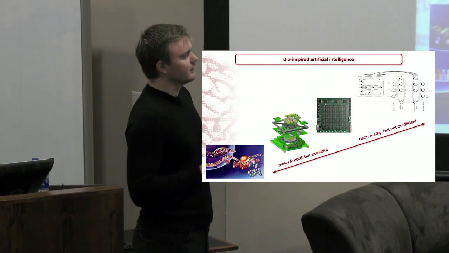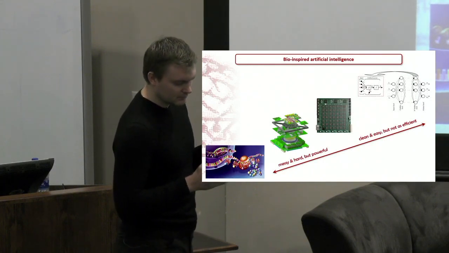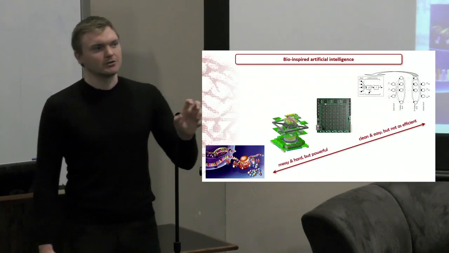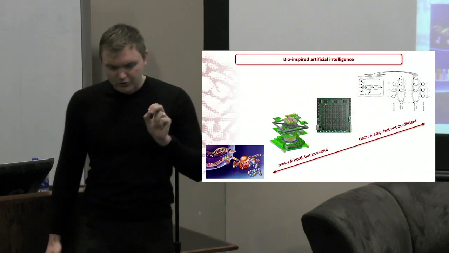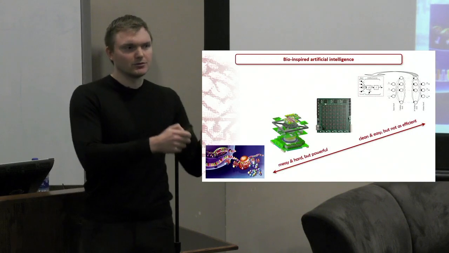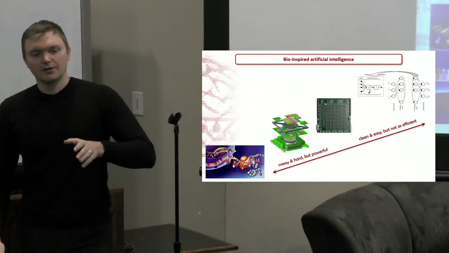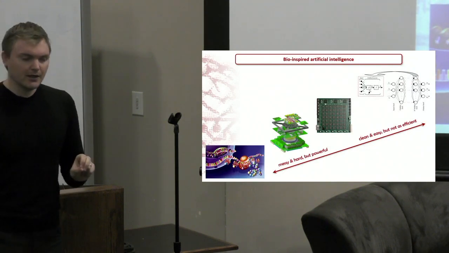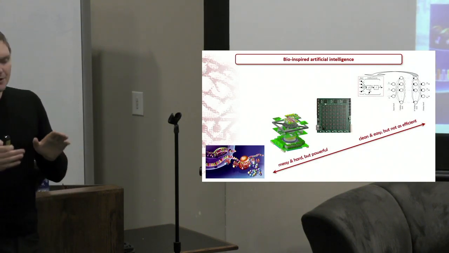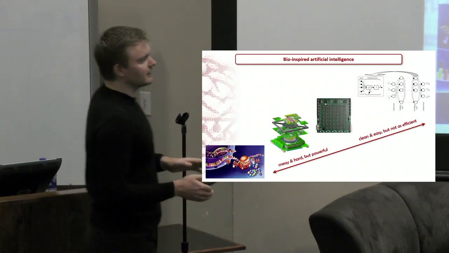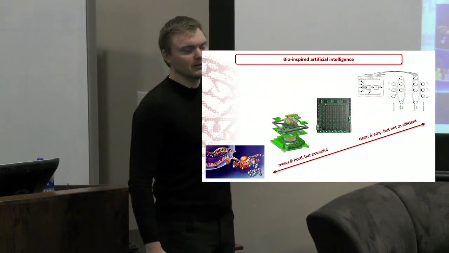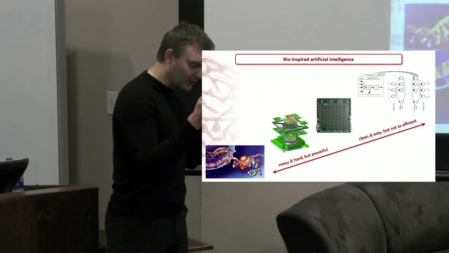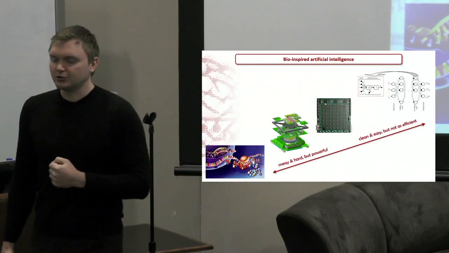Now, to get one thing out of the way at the very beginning, it's clear that if we have some kind of inspiration from biology, some aspect in biology that we think is computationally very powerful, and then we transfer it to an engineering solution that is perfectly targeted to a particular problem, then obviously this solution is going to be better than anything that systems that adhere to being close to biology will ever be able to achieve.